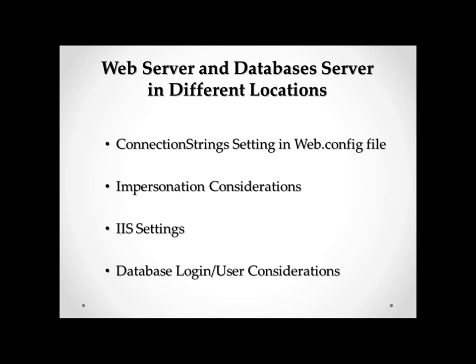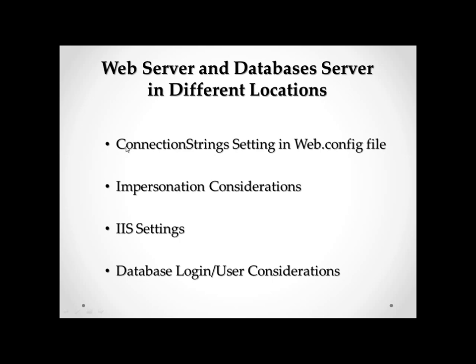So I've outlined 4 important things we need to look at, and if you're able to understand clearly these 4 important aspects, then you will not have any problems when you want to host your web server and your database in different locations.